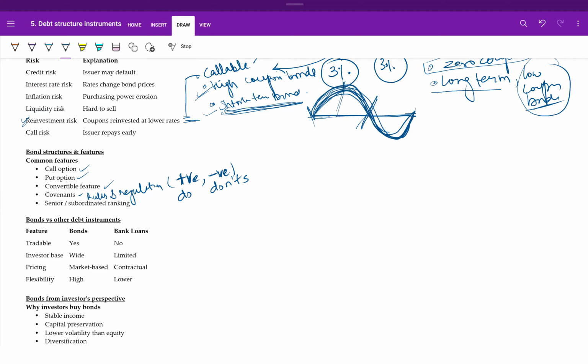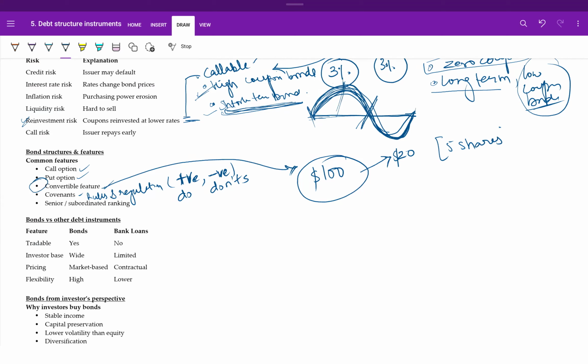Just let me give you an overview of what a convertible feature is. Let's understand there is a bond. Let's say you have a convertible bond of $100, just one bond, and the condition is that if the stock price goes above $20, you can convert this into 5 shares.